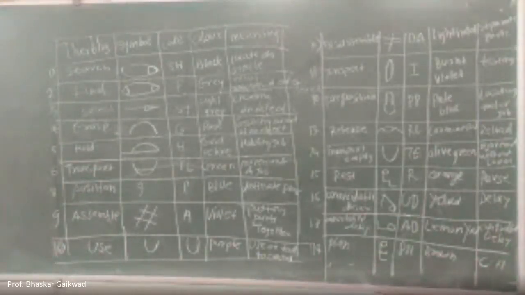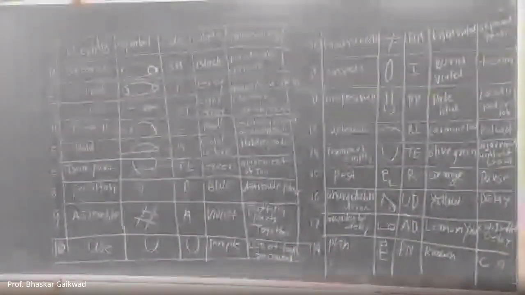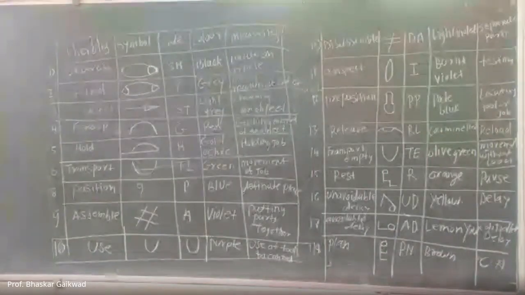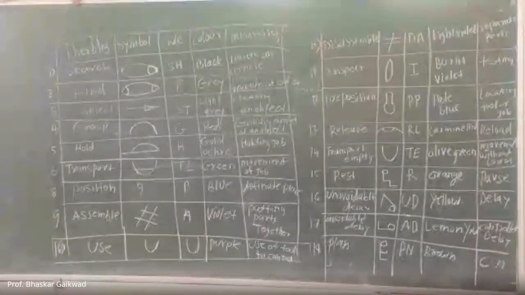and prepare the SIMO charts, showing how much time is given for each therbling. For example, you are doing a certain assembly. The right hand is searching for the screwdriver, and the left hand is holding the job. So holding is one therbling, and searching is the second therbling.